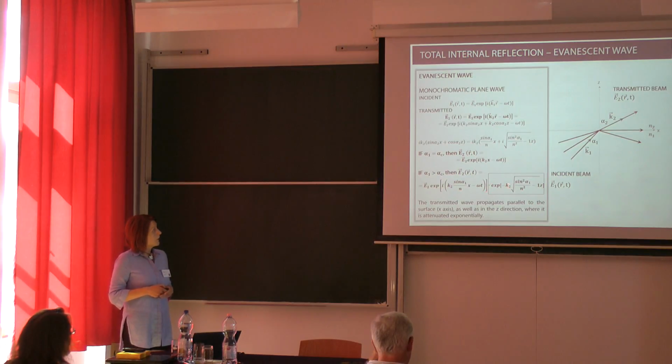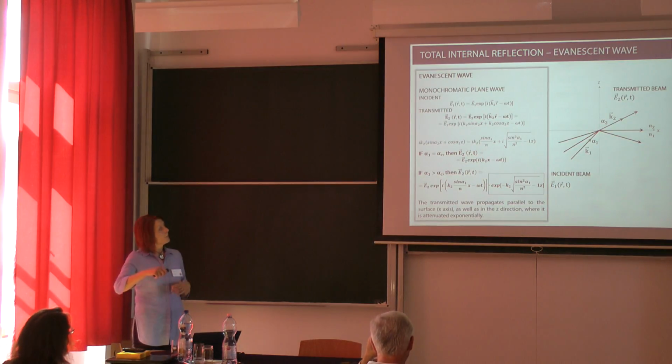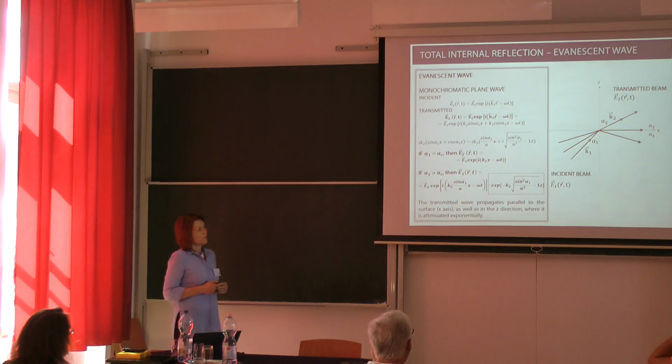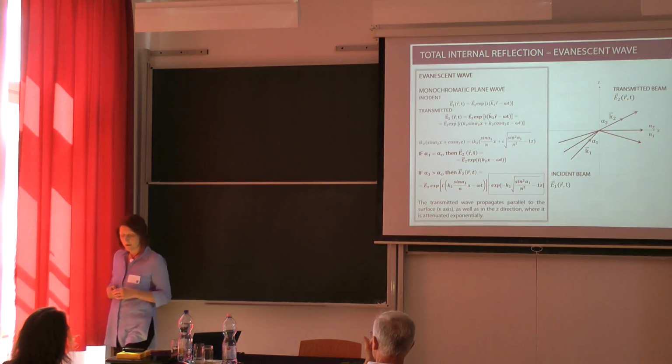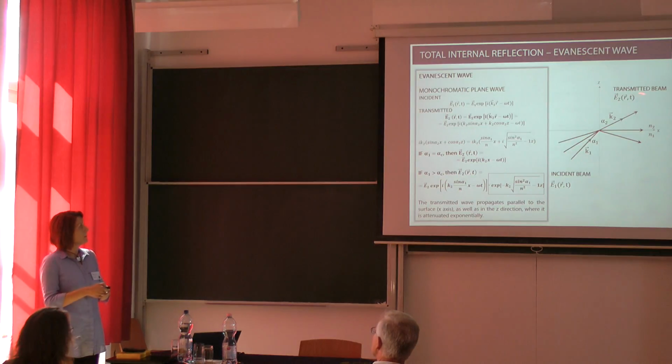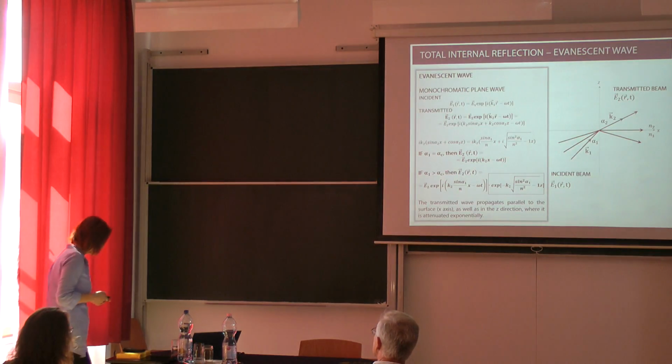Here, one important thing is that it follows an exponential function in the z direction, and it decays. This tells us that it decays exponentially from the boundary of the two surfaces. So when we have total internal reflection, an evanescent electromagnetic field appears in the second medium.